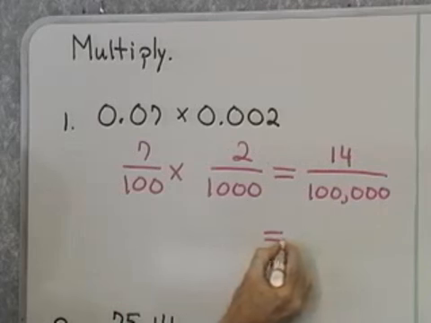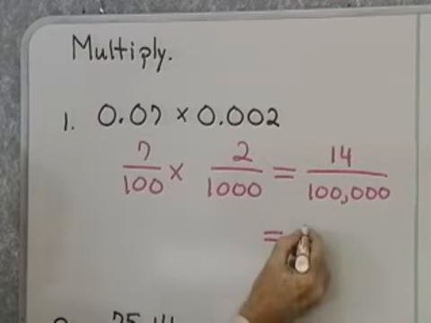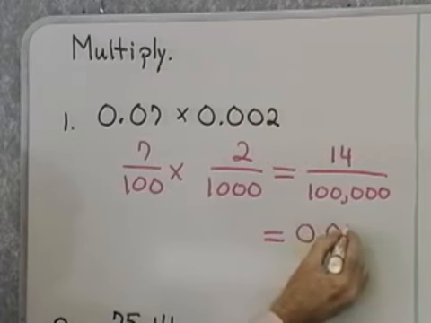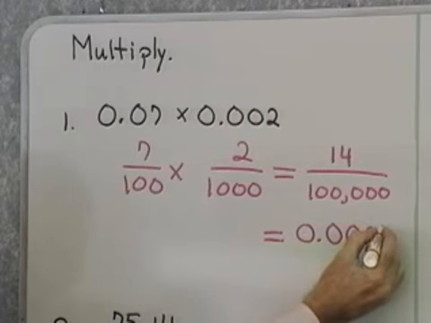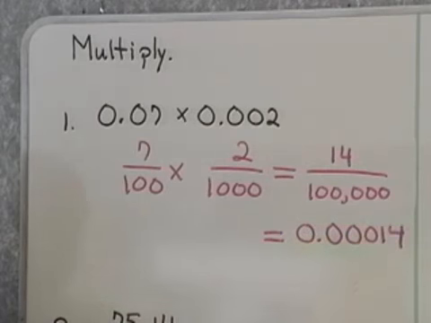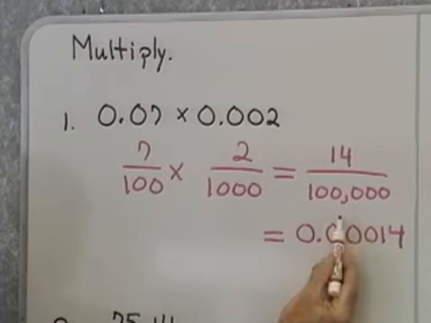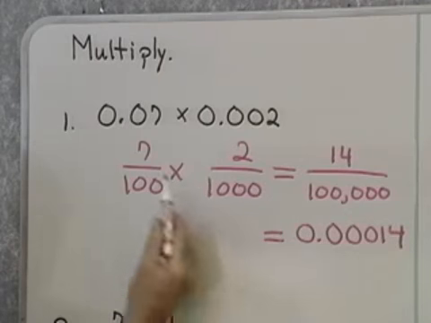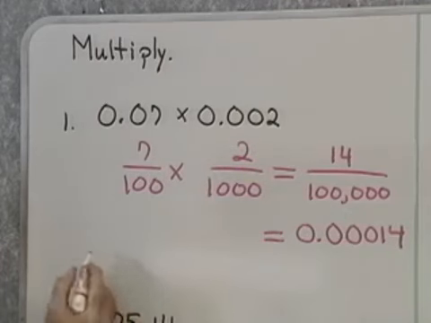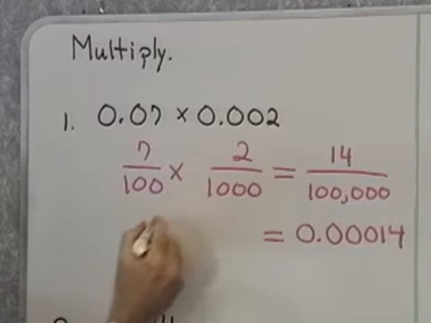So as a decimal, this number, 14 hundred-thousandths, looks like this, 0.00014.